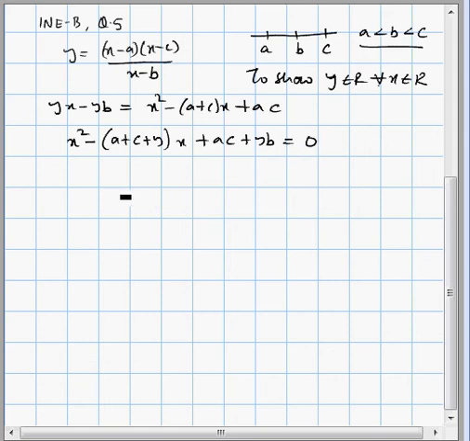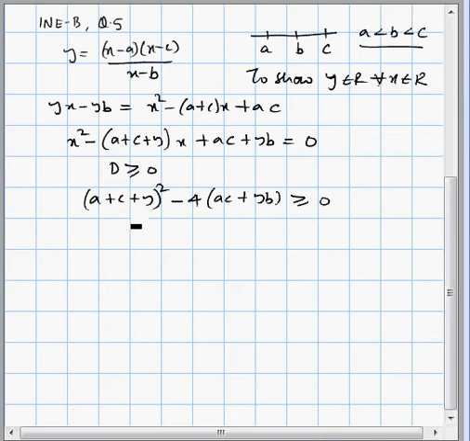Right, and now we put D greater than or equal to 0. That is (a plus c plus y) whole square minus 4 into (ac plus yb) greater than or equal to 0. Now we express this as a quadratic in y. It's a quadratic inequality in y. Express in proper quadratic form.